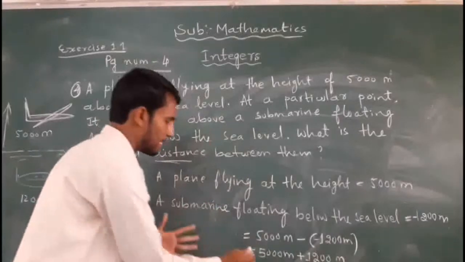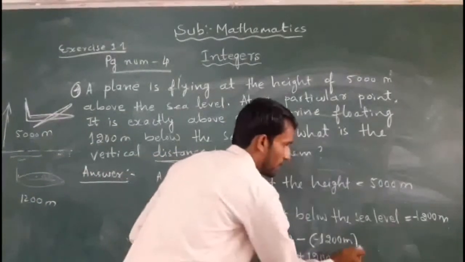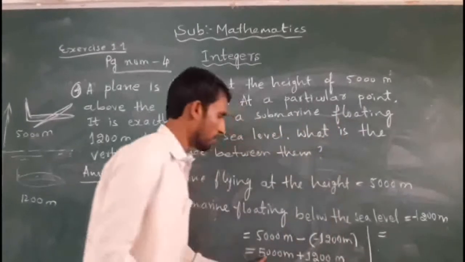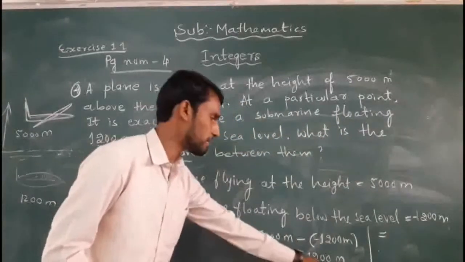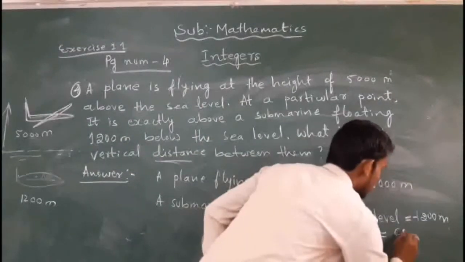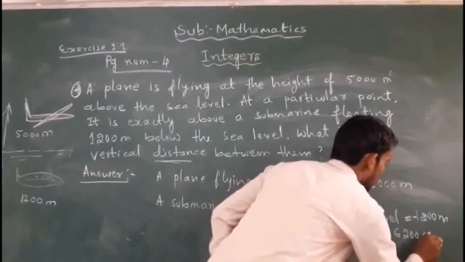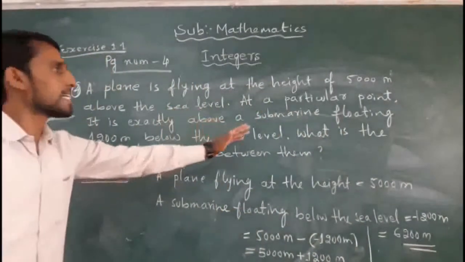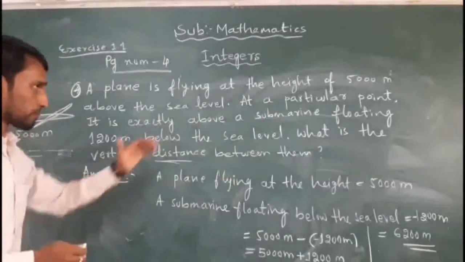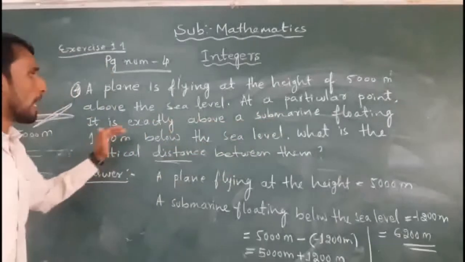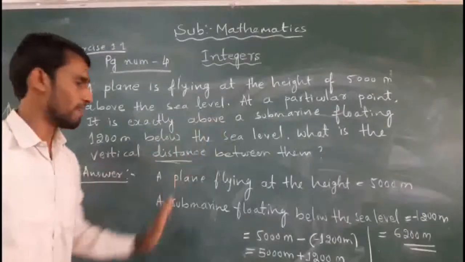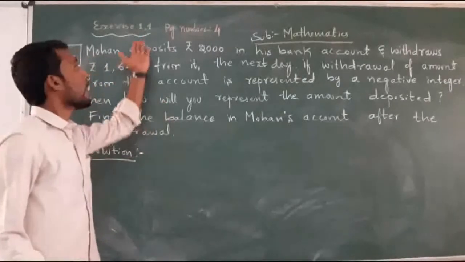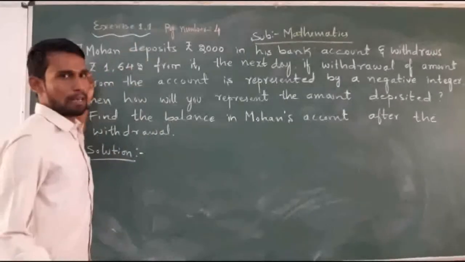When we add these two, 5,000 meters plus 1,200 meters, we get 6,200 meters. This is the vertical difference between the plane and the submarine, which is floating below the sea level. That is 6,200. Dear student, I am taking again exercise 1.1, question number 5.